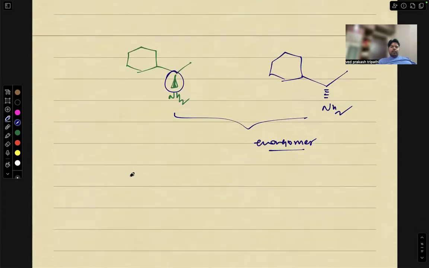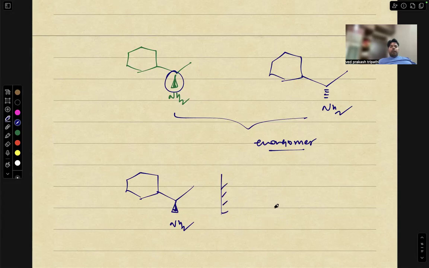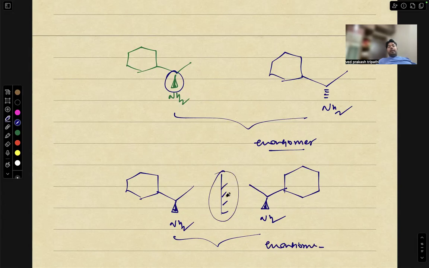There is another thing we can draw, it's an enantiomer. You can keep a mirror over here and now look at the drawing. This is also an enantiomer, because we kept the mirror on the left-hand side, right-hand side.